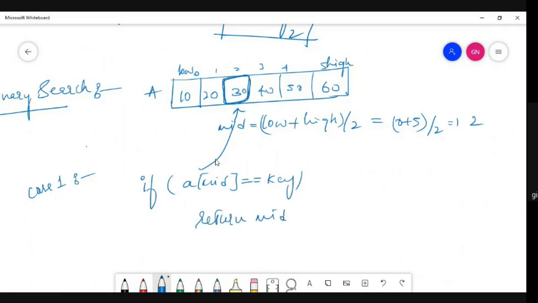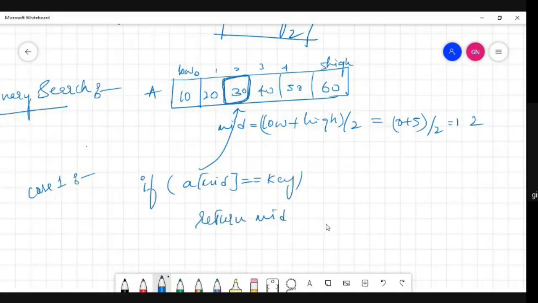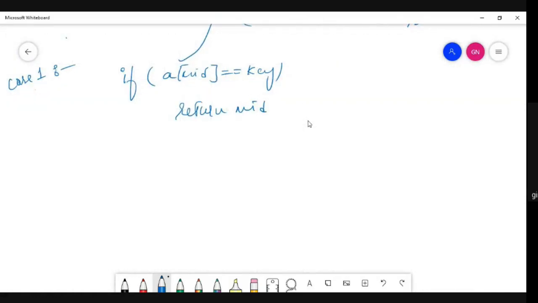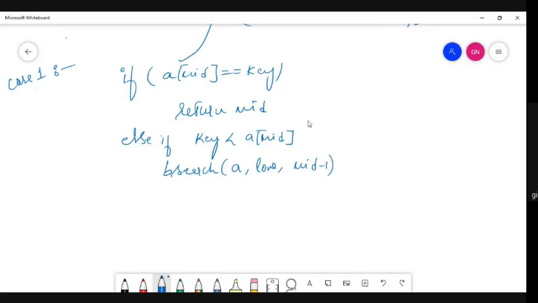Else, if your key is less than a of mid, you call the binary search again, giving a comma low comma mid minus 1. You are searching only in the left part of the array. Or else you are searching in the right part of the array. This is the left part and this is the right part.